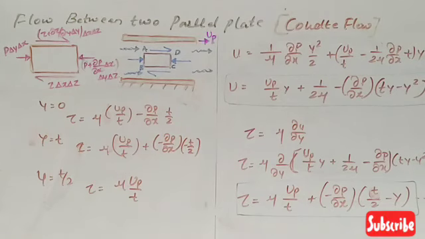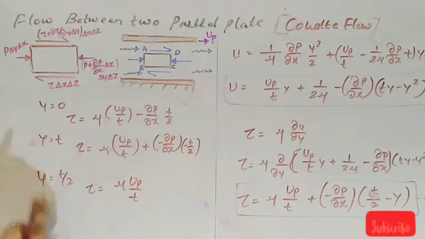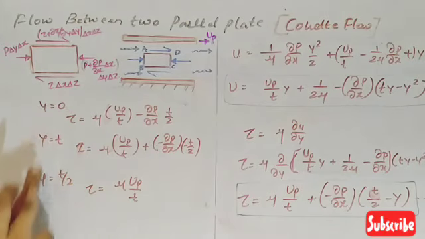As in the previous cases, we used to say that at the ends of the plates the shear stress will be 0 or less, or at the center of the flow the shear stress will be minimum, but I don't know. From this equation I have not observed any zero value.